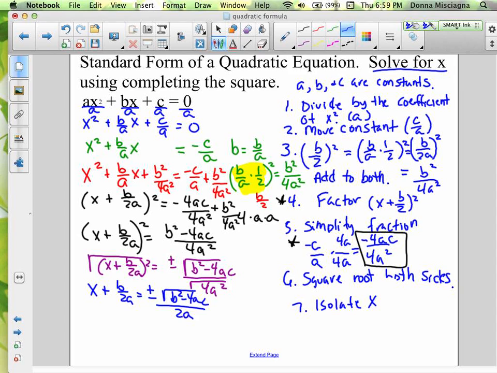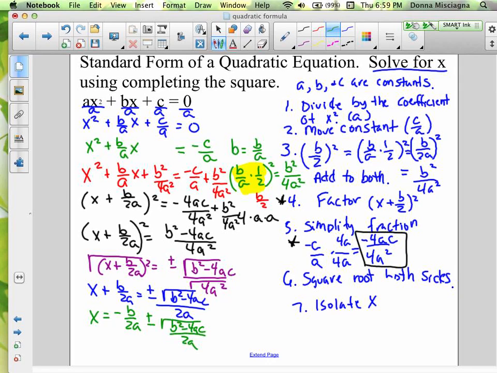Well, first of all, we need to solve for x, so we're going to have to subtract b divided by 2a from both sides. So that's going to give us x equals negative b divided by 2a plus or minus the square root of b squared minus 4ac divided by 2a.